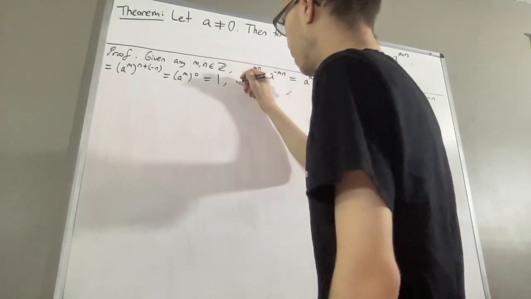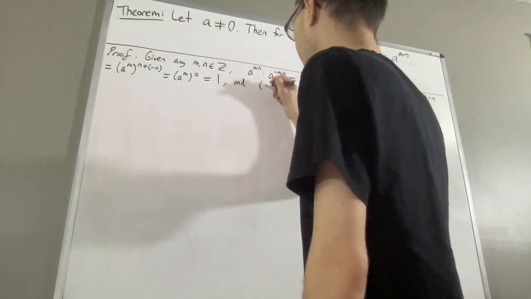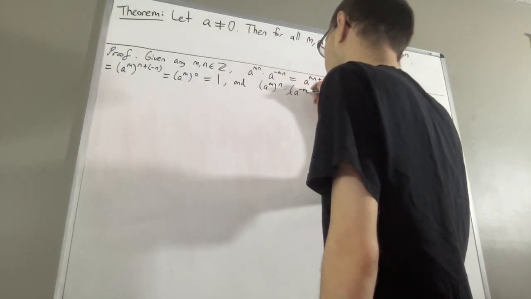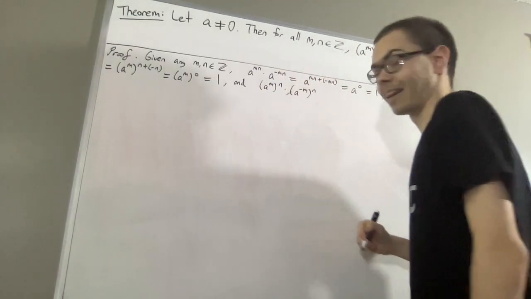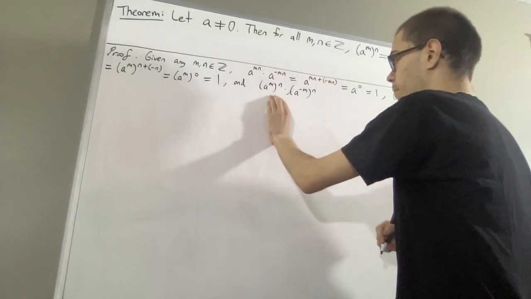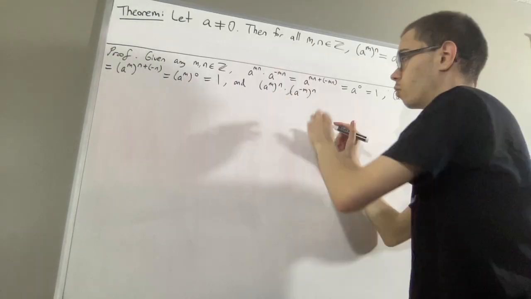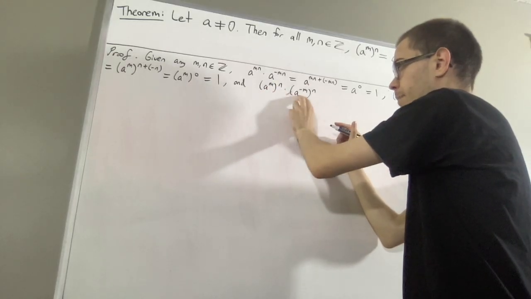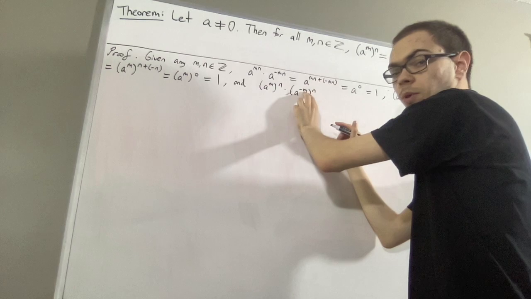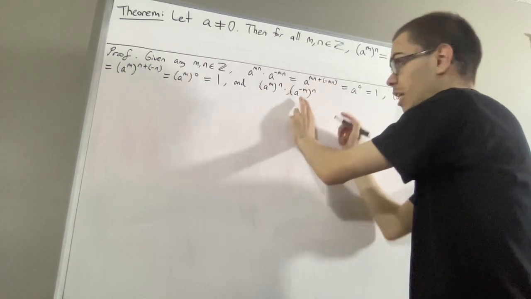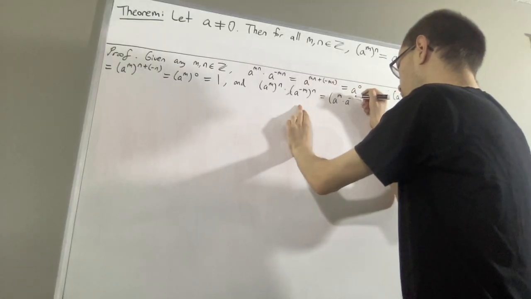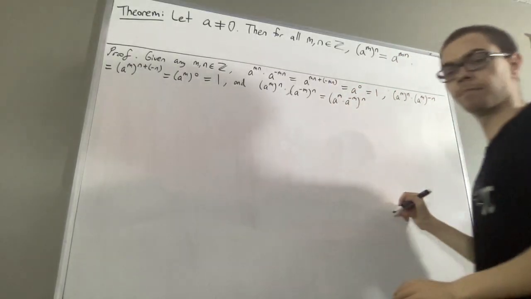And finally, if we perform a to the power of m to the power of n times a to the power of negative m to the power of n, what happens when we multiply these together? According to our final preliminary result, a to the power of m and a to the power of negative m are non-zero real numbers. So by our second preliminary result, we can multiply them, and that is all raised to the power of n.